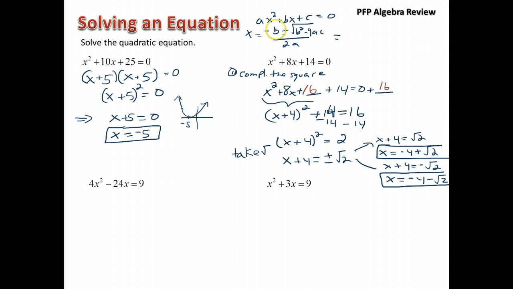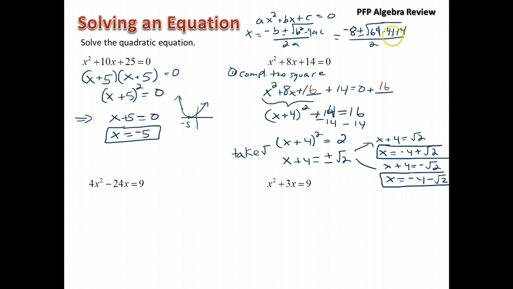So for us, playing a role of b is an 8. So we'd have negative 8 plus or minus the root of 64 minus 4 times 1 times 14, all over 2.